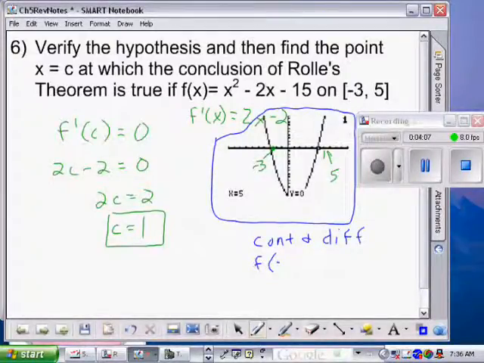And you could say f of -3 equals f of 5 equals 0, because that's another piece of the hypothesis. You don't actually have to show me the graph there if you don't want to, as long as you show me that you know it's continuous and differentiable and that the endpoints have the same answer for the y's. Okay? Any other questions there?